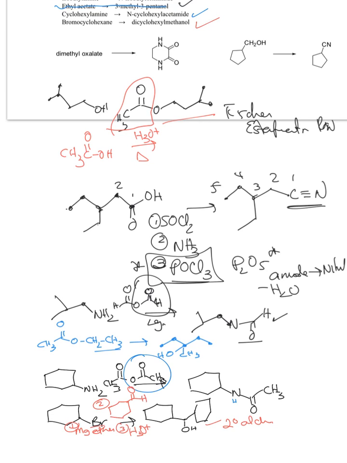This one here, dimethyl oxalate. So your oxalate looks like this. So this would be dimethyl with 2 carbonyls, and you react that with your amine, and let's see, I don't think, maybe I stopped working on them at this point.